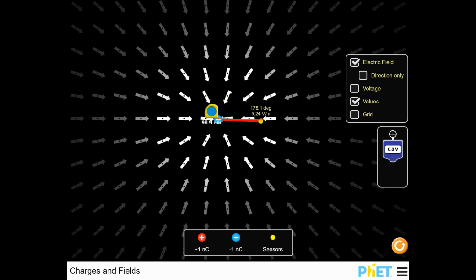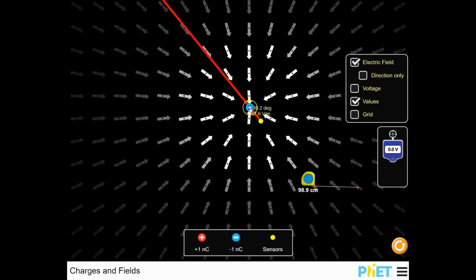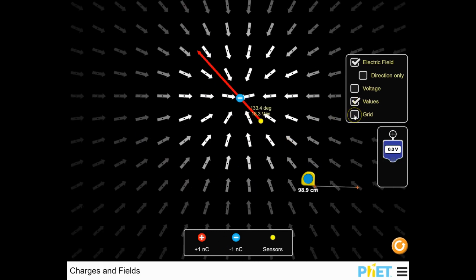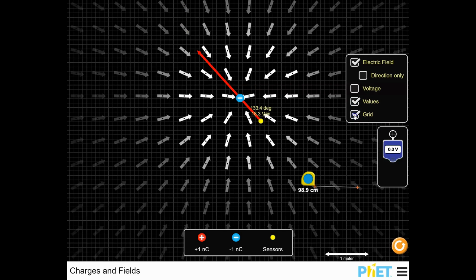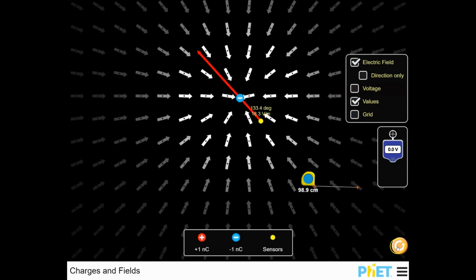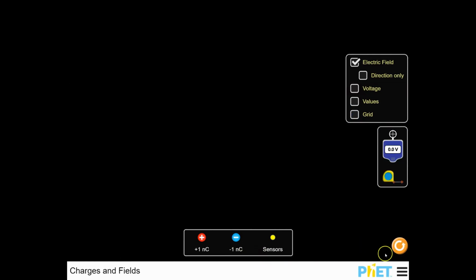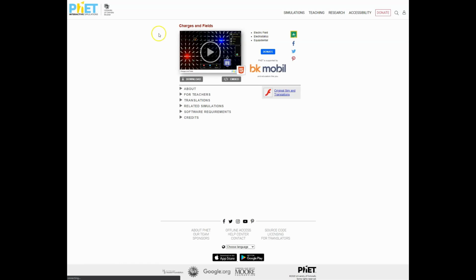To work on the rest of the table on page 9 of your study guide, you quite literally just play around, move your charges, and if you want to be very attentive, you can add grid lines. And then if you want to just refresh the whole page and start over, there's a refresh down here. Once you have filled out the table, you can go back to the PhET simulations.